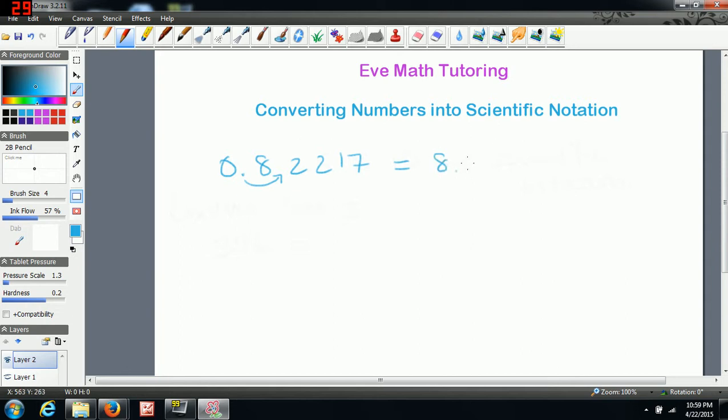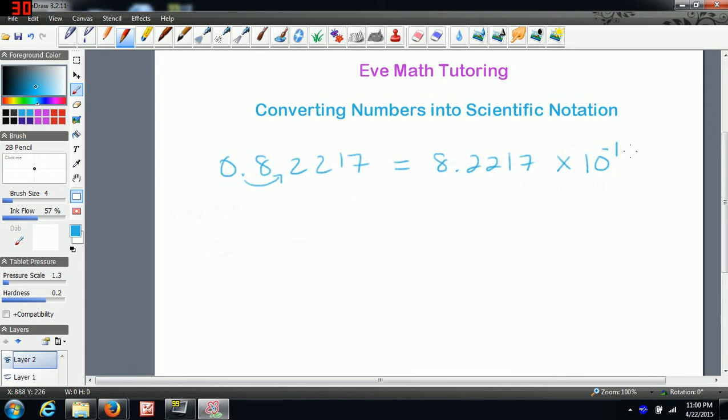So it becomes 8.2217 times 10 to the, and because I made the number bigger here, I have to make this part smaller. So I moved it to the right by 1. So this becomes -1. So this is like multiplying by 0.1 will give me back to this, okay? So because I made the number larger, I make the exponent smaller. So that's how I know I have to use a negative there.